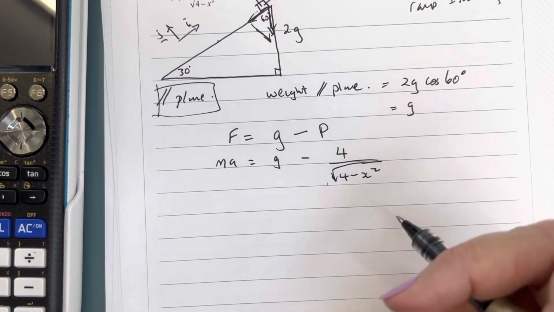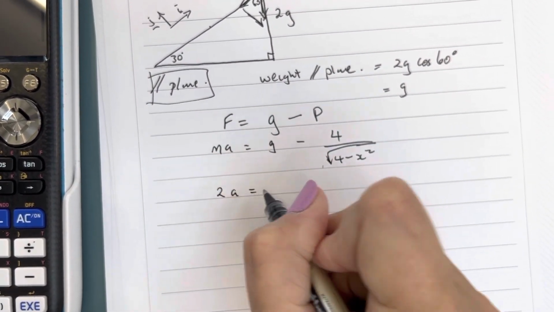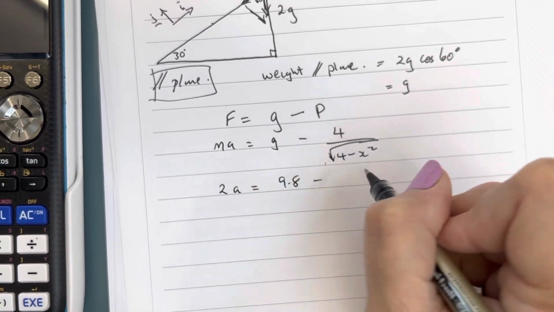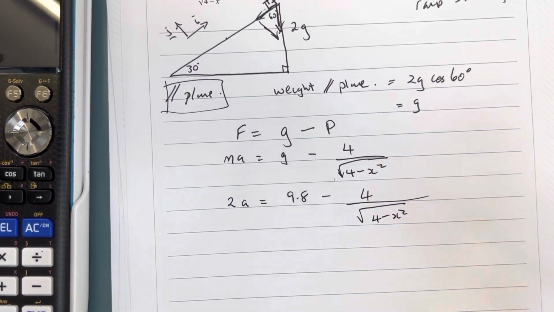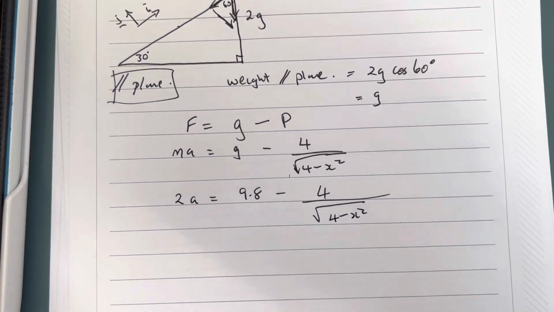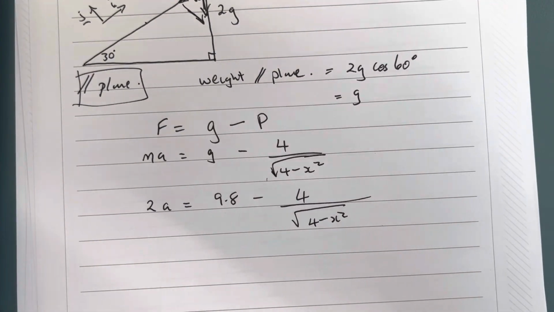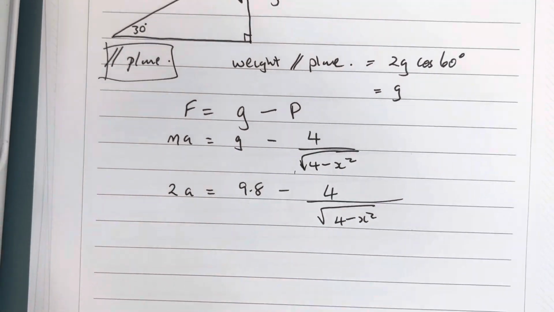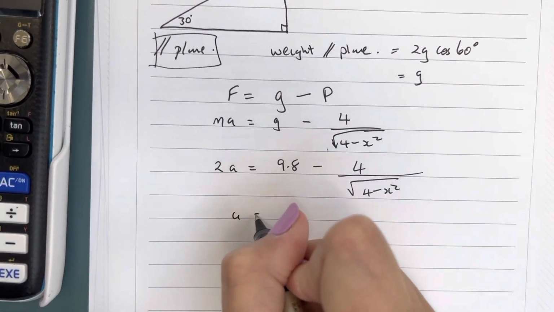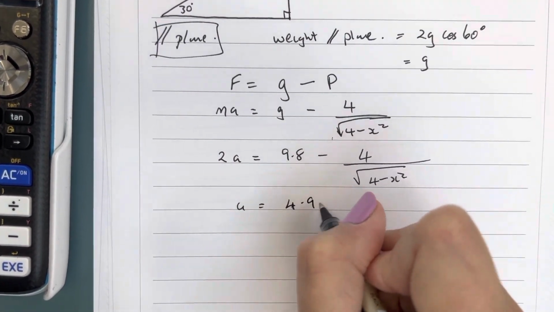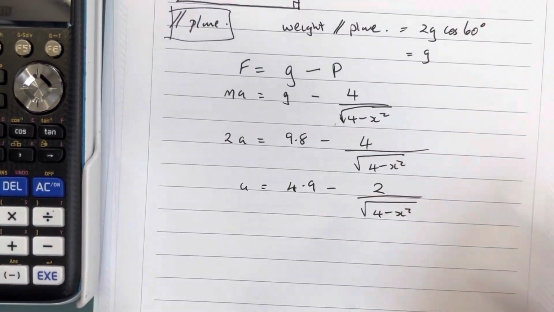I'm just substituting in. Obviously m is 2, g is 9.8, take 4 over square root of 4 take x squared. Let's divide through by the 2: 4.9, take 2 over square root of 4 take x squared.